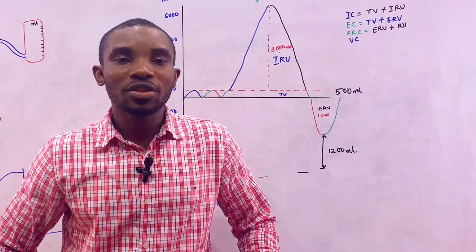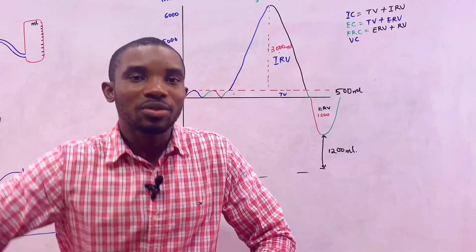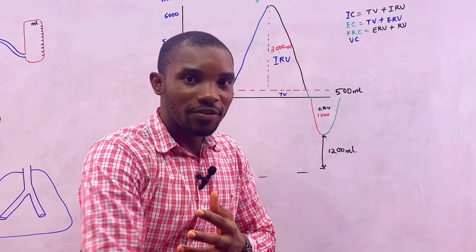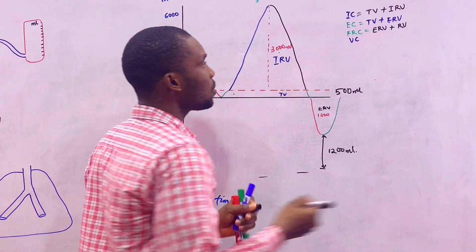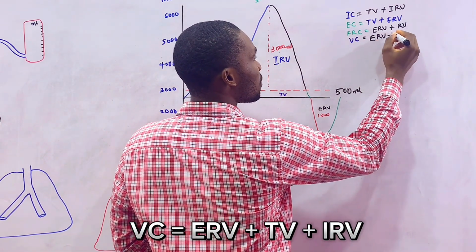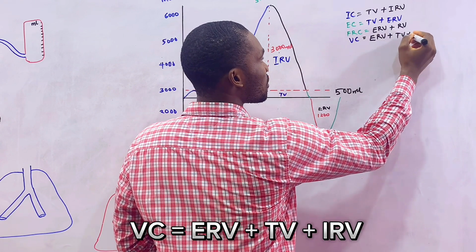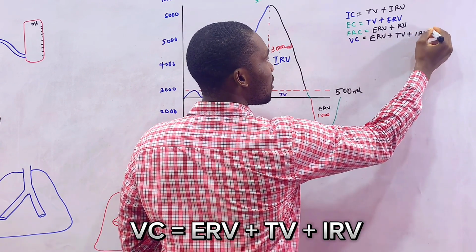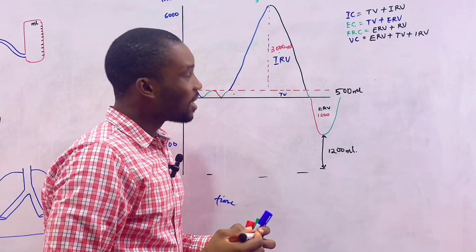It measures how able you are to breathe in to the fullest and breathe out to the fullest. So that's your expiratory reserve volume plus your tidal volume plus your inspiratory reserve volume. All right, we're almost done.